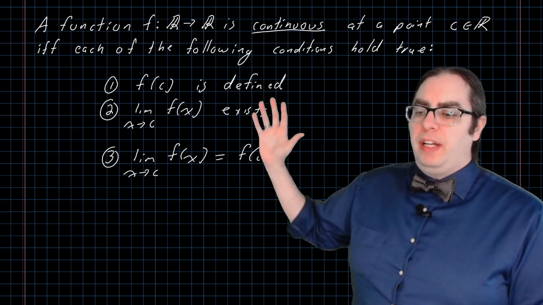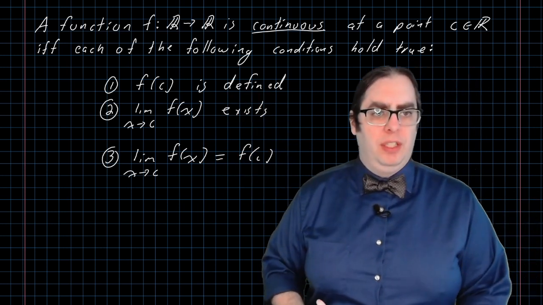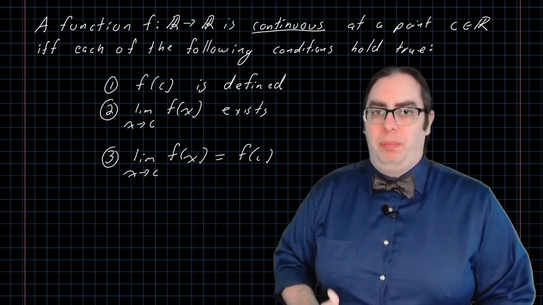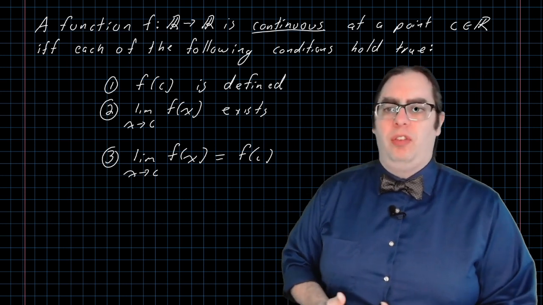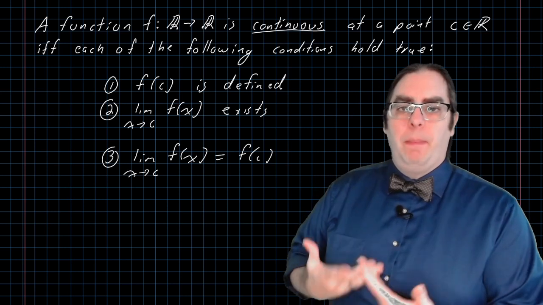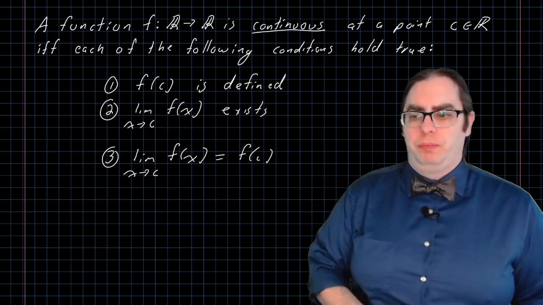But you'll never find a calculus book that doesn't list all three of these conditions. The reason for that is one of simplicity. Continuity is one of those things that's impossible to prove. But continuity is actually really easy to disprove.